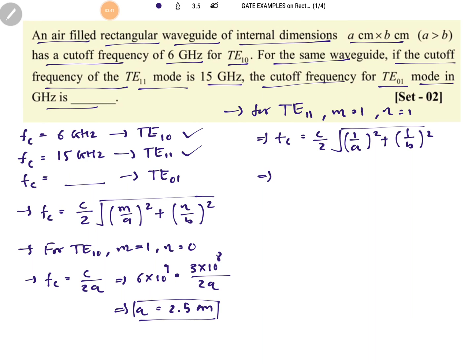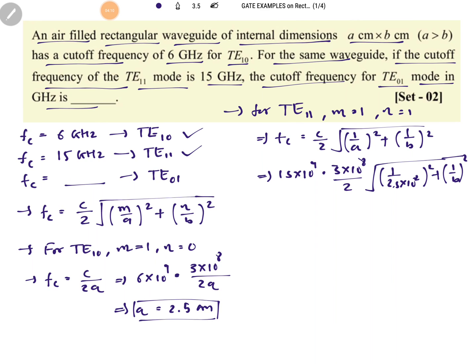Now fc for the second case, TE11 mode, is 15 GHz. So 15 into 10 to the power 9 is equal to 3 into 10 to the power 8 divided by 2 into square root of (1 by a, that is 2.5 into 10 to the power minus 2) whole square plus (1 by b) whole square.